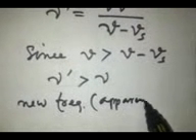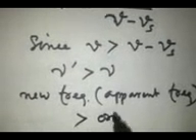It means that your new frequency, which we also call the apparent frequency, is greater than the original frequency. This is possible if the source is coming closer towards the observer.